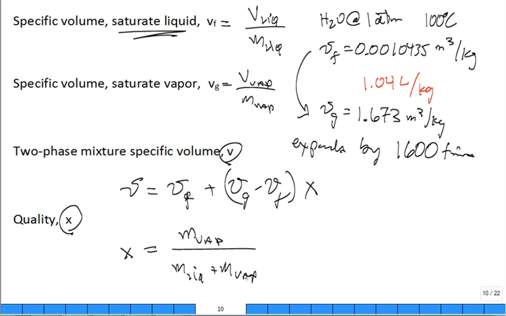It's a mass fraction. Okay, did I mess this up? This is V sub F. Makes sense? Very good. You got that down, you go a long way because you just repeat it for internal energy, enthalpy, and entropy.